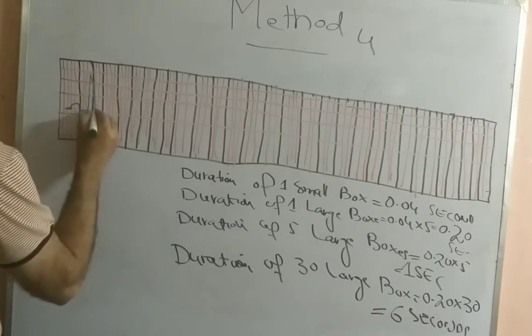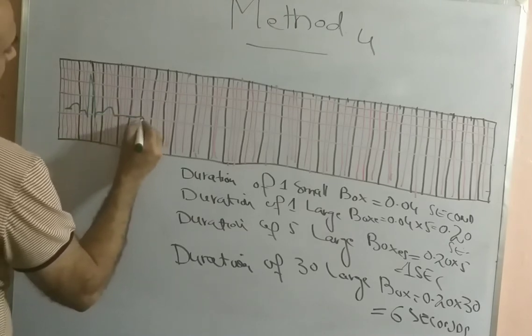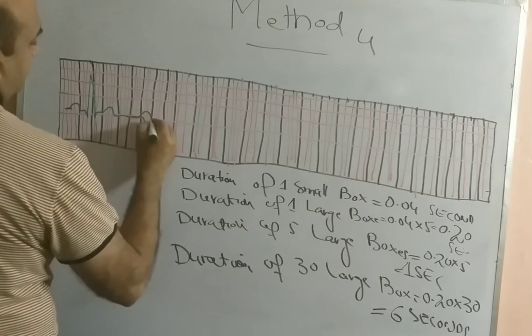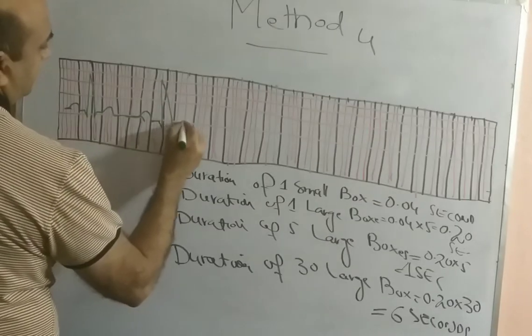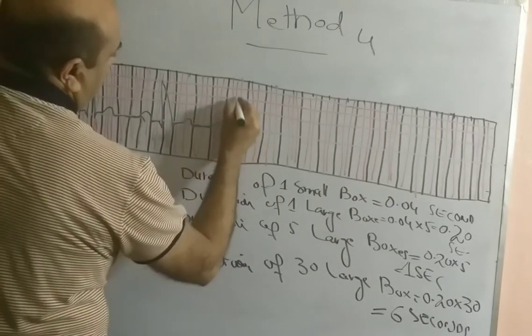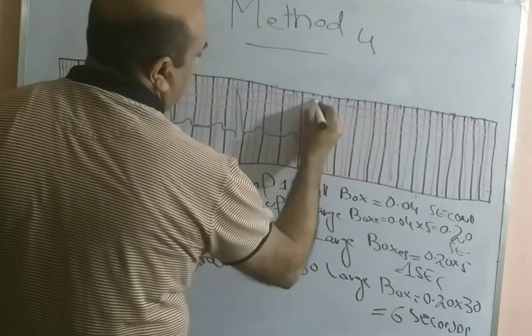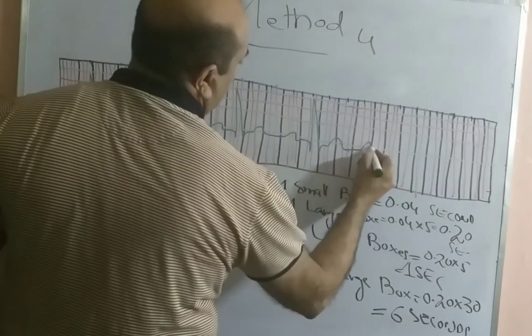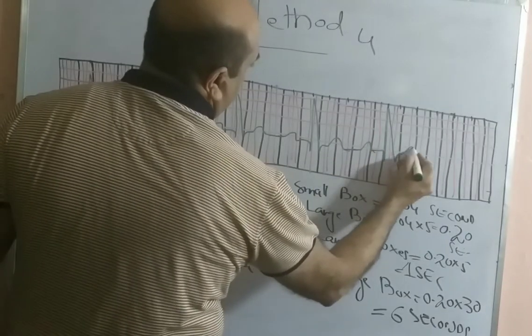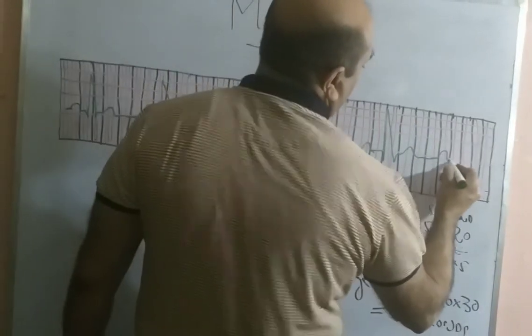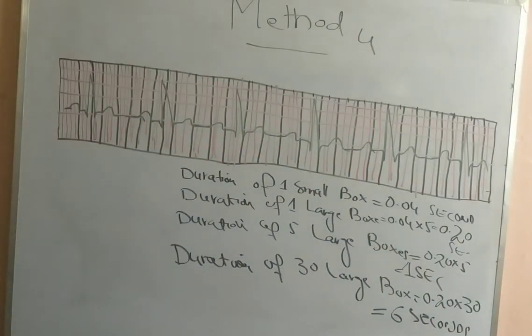P, Q, R, S, T. P, Q, R, S, T. P, Q, R, S, T. So this whole strip, this is a 30 large box strip. It's a 6 second strip.